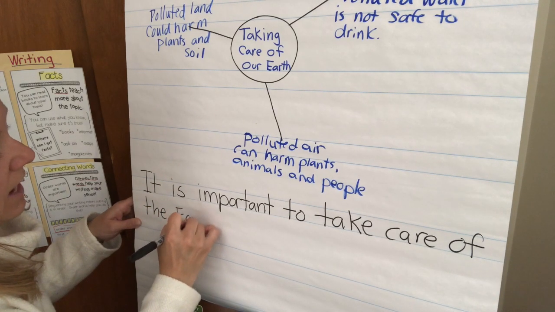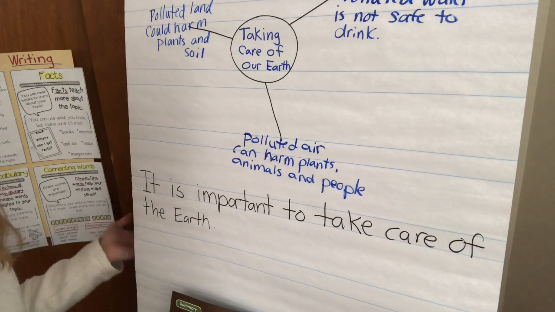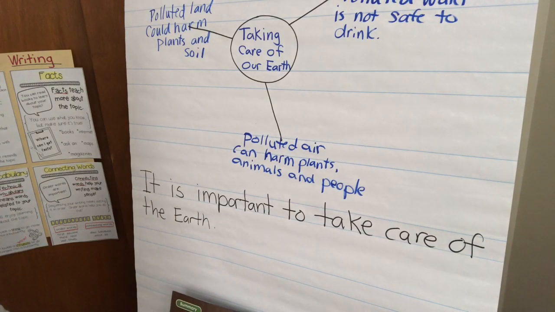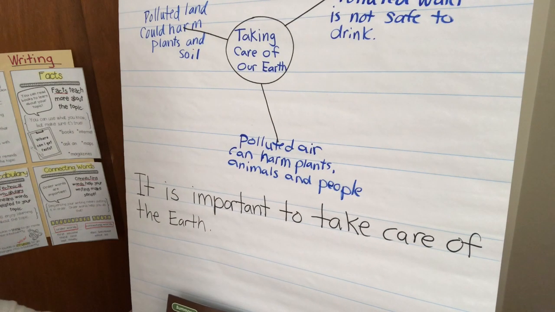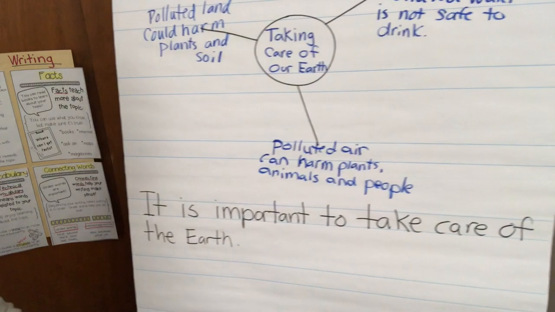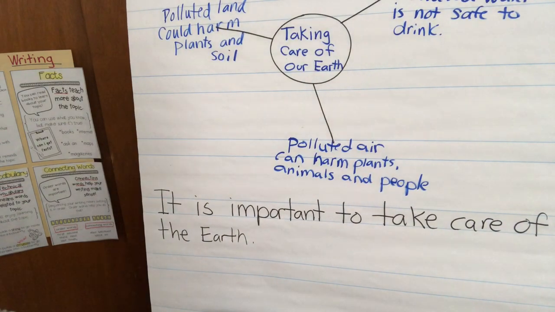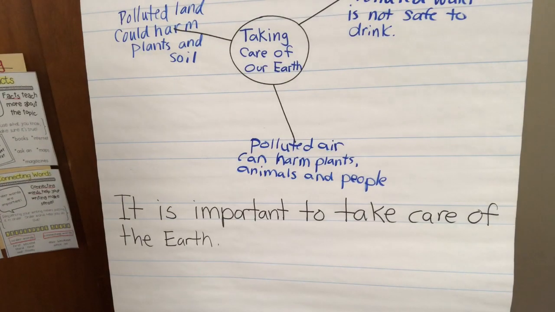Now, I could have said, do you want to know why it's important to take care of the earth? Or taking care of the earth is important. There's a lot of different ways I could have written this. So it is important to take care of the earth.